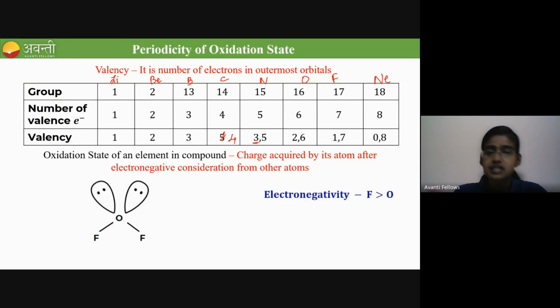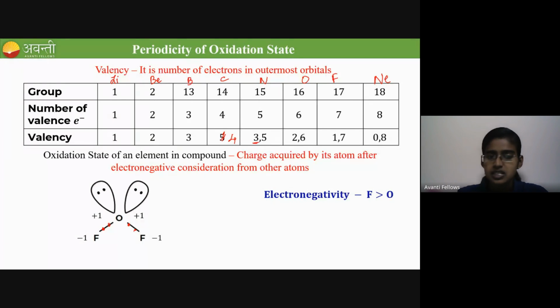So fluorine has the highest tendency to pull the shared pair of electrons towards itself. With respect to each bond, fluorine will gain one electron. Take the left bond, where there are two electrons: fluorine gains that electron and oxygen loses it, so -1 and +1. With respect to the right side bond, fluorine gains one electron and oxygen loses one electron. So in total, how much charge is oxygen carrying? +2, right?